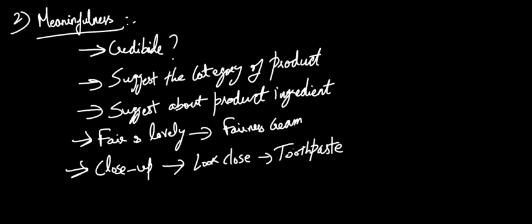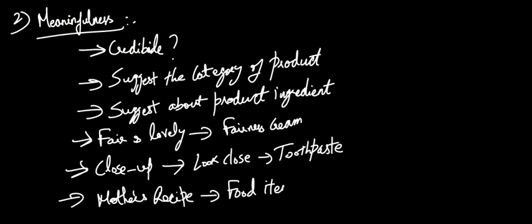And Mother's Recipe, when you say it, means something related to food items. So these are all the meaningfulness which makes a brand more successful among the consumers. And the third criteria is called likability.